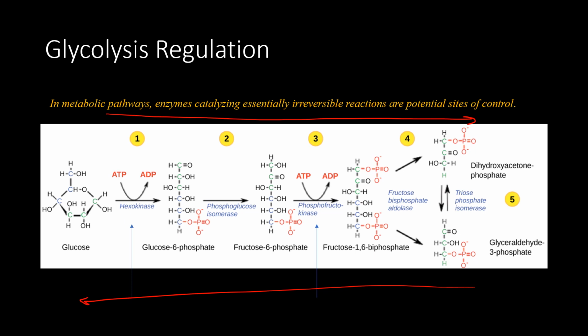Think about it. In our bodies, when we metabolize sugar and break it down, we get energy out of it. Our blood sugar drops. But what about times when we have too much sugar in our blood? We don't want to just keep making ATP. So there are instances in our lives every day when we want to take the sugar out of our blood and put it in the form of, if you remember, glycogen. So we actually want to do glycolysis in reverse sometimes.